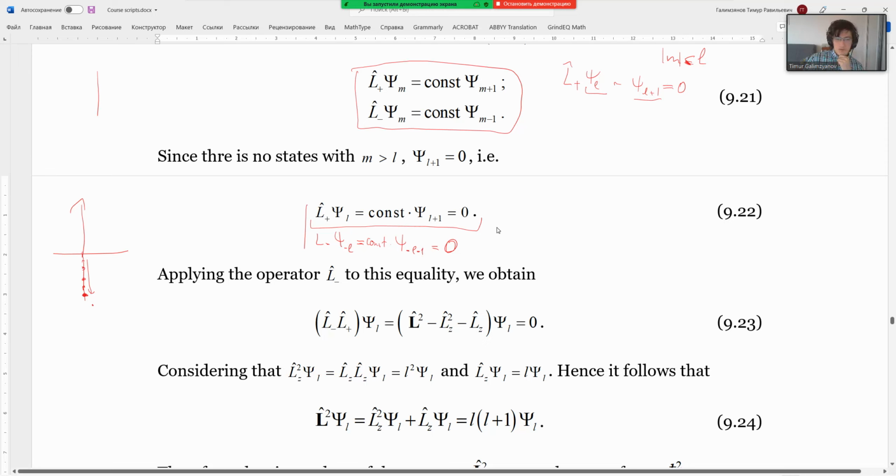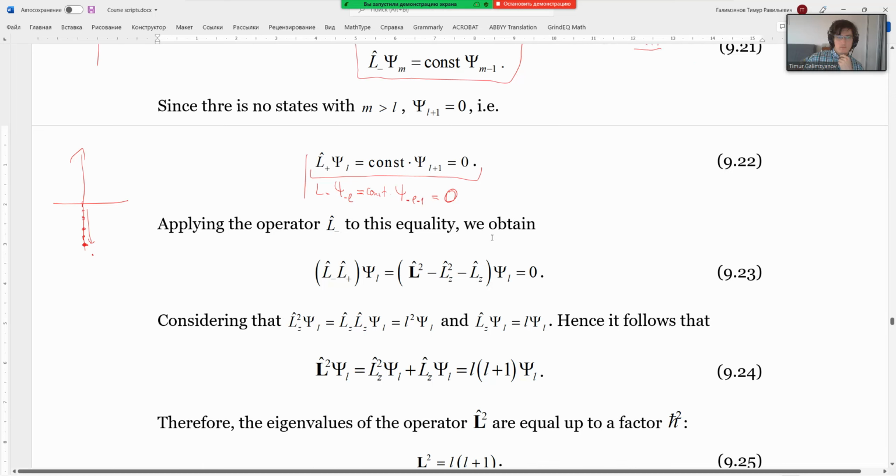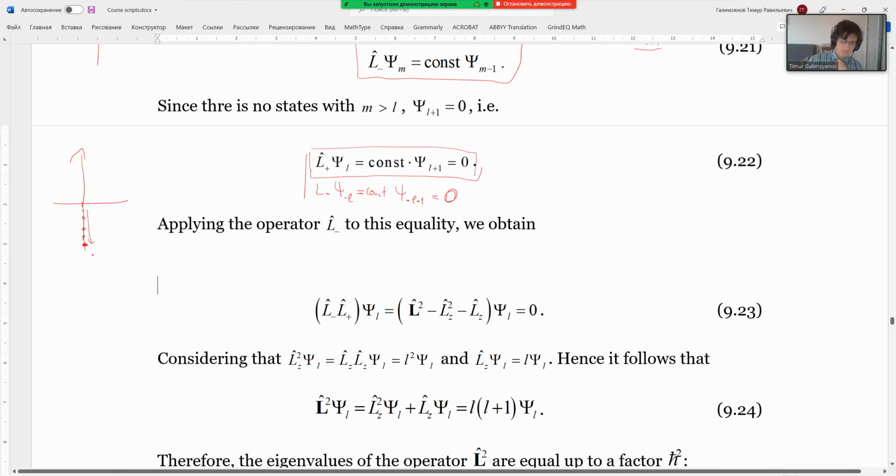Then let's take this equality and act on it with the operator L minus. So we have L plus psi L equals 0.